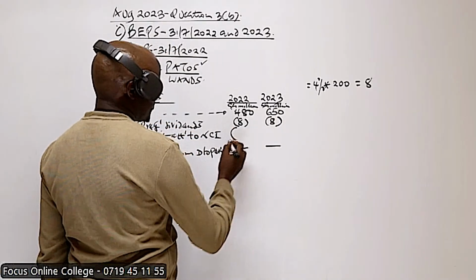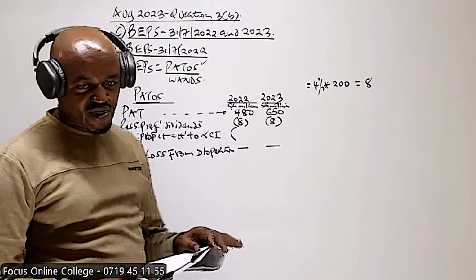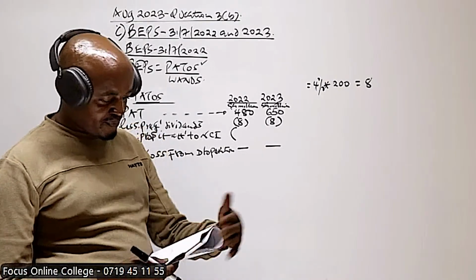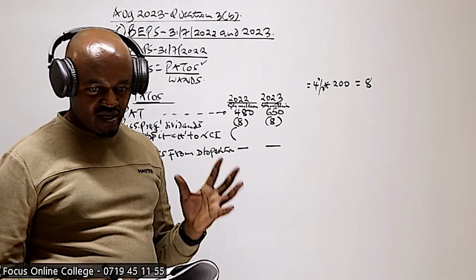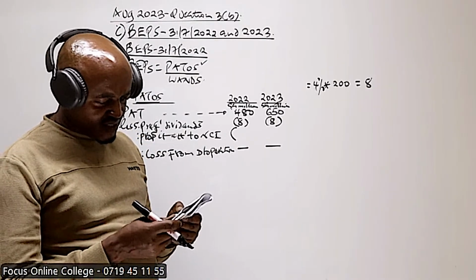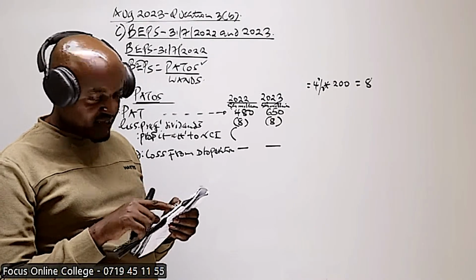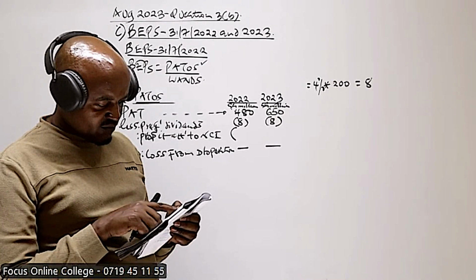And then to this, we also less the profit attributable to NCI. Do we have the profit attributable to NCI? Yes, because this is information about a group of companies. That profit attributable to the NCI is given below paragraph 1, in the statement of profit or loss.